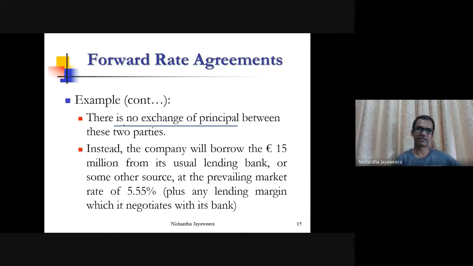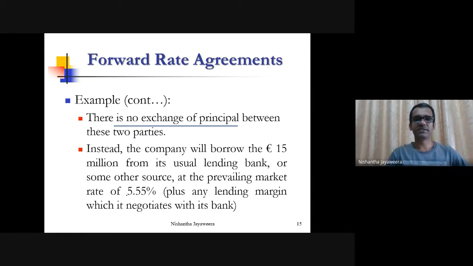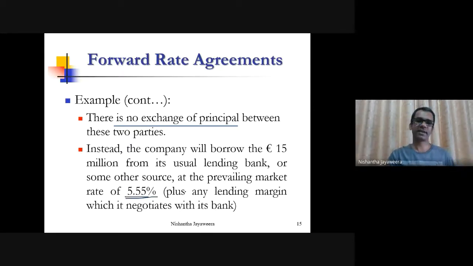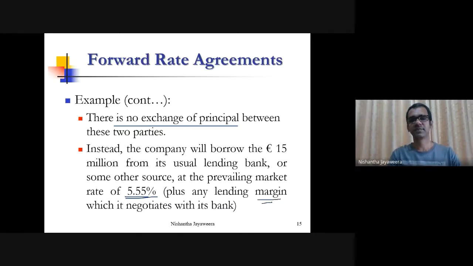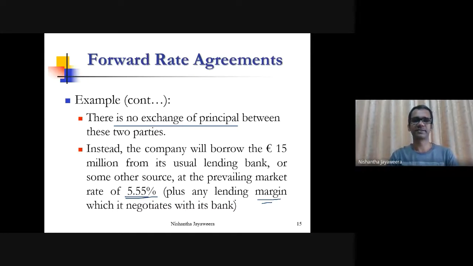He has to go to the market, borrow from a bank, or a bank with whom they trade, borrow that 15 million at 5.55, and there may be another margin. That's a separate transaction. In the FRA agreement, we don't even have to discuss this part. It's nothing to do with this FRA. It is his funding requirement.